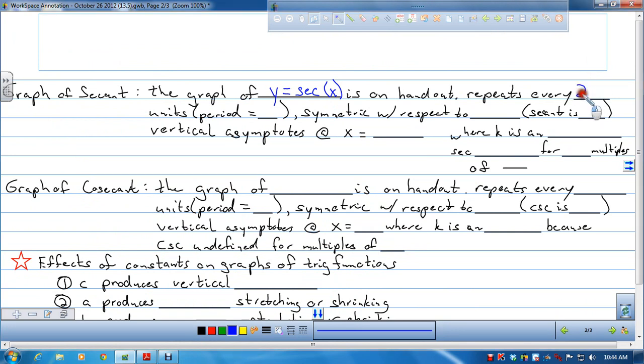So it repeats itself every 2 pi units, making the period 2 pi. It is symmetric with respect to the y-axis, therefore it is even, right?